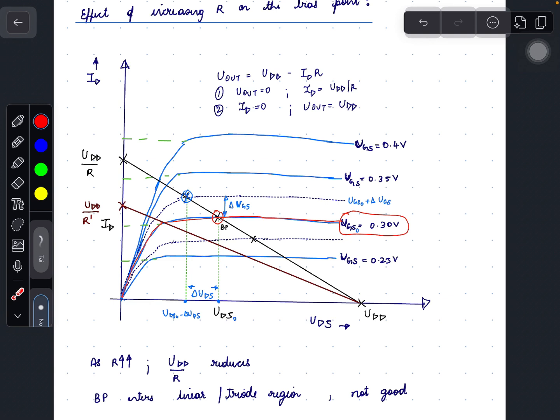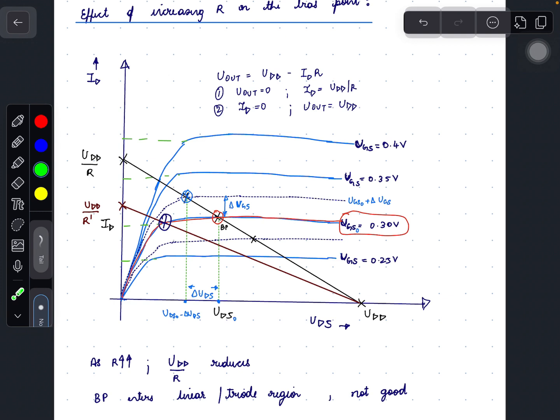And when we bias the MOS transistor to VGS naught, which equals 0.3 volts, the new bias point is at this location, and this location is in the linear region of the MOS transistor, which is not good.